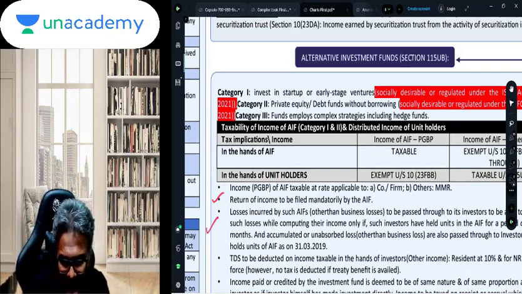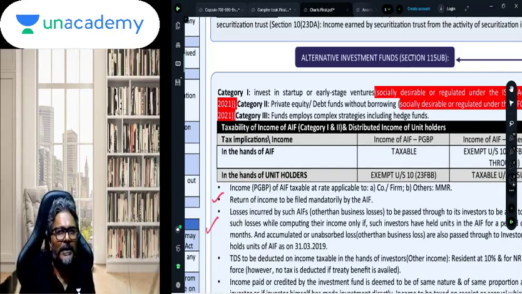Now, the most important special concept is the treatment of losses. Supposedly, students, AIF 1 and AIF 2 has losses, which could be under various heads. In that case, the first principle is that these losses of AIF 1 and AIF 2 first have to be adjusted at the AIF level itself.